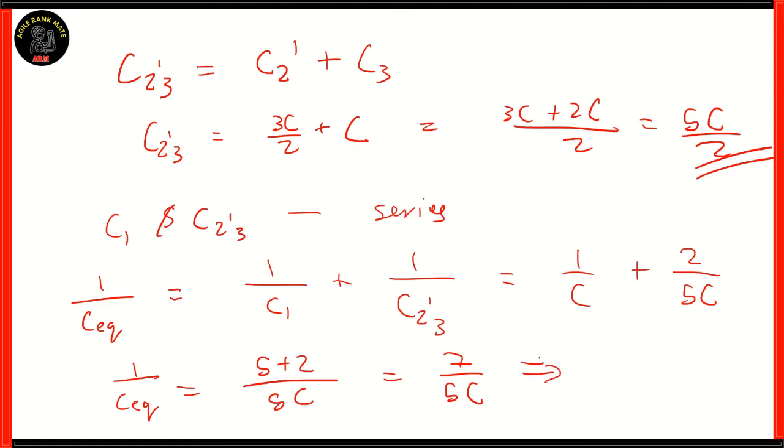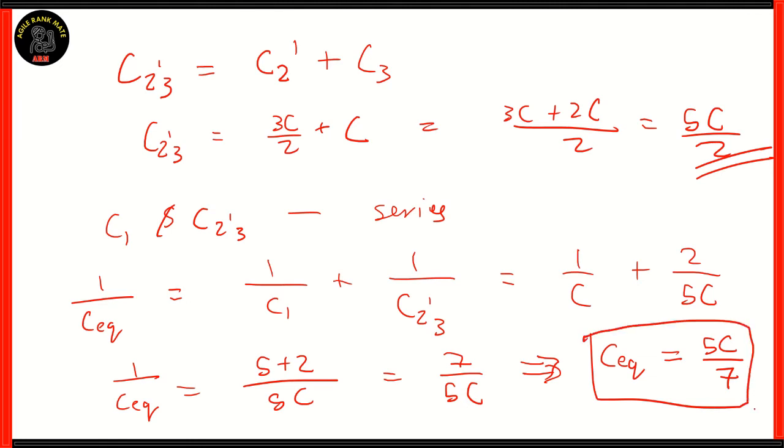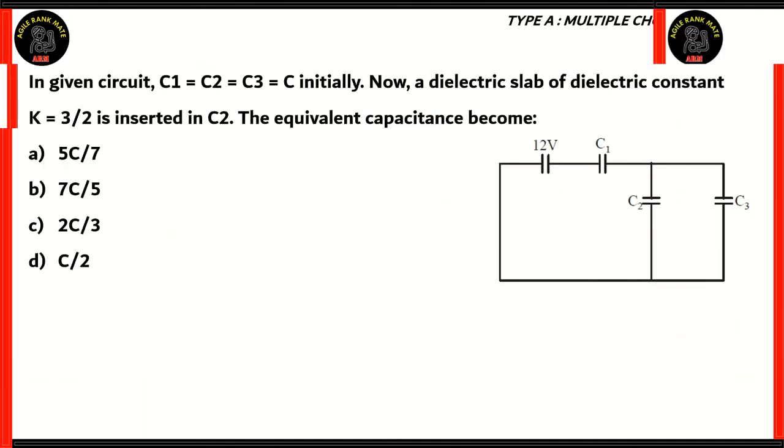So therefore, when you invert the fraction, the value of C equivalent would turn out to be 5C over 7. So this is the value of the new equivalent capacitance when C2 is containing a dielectric slab of constant 3/2.